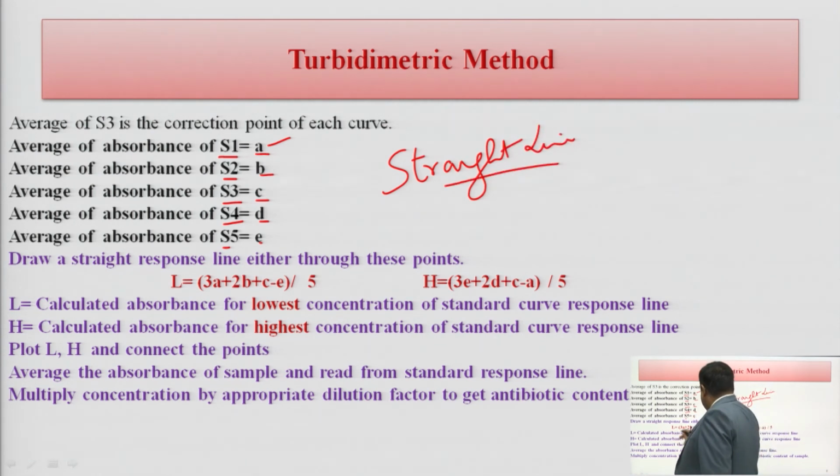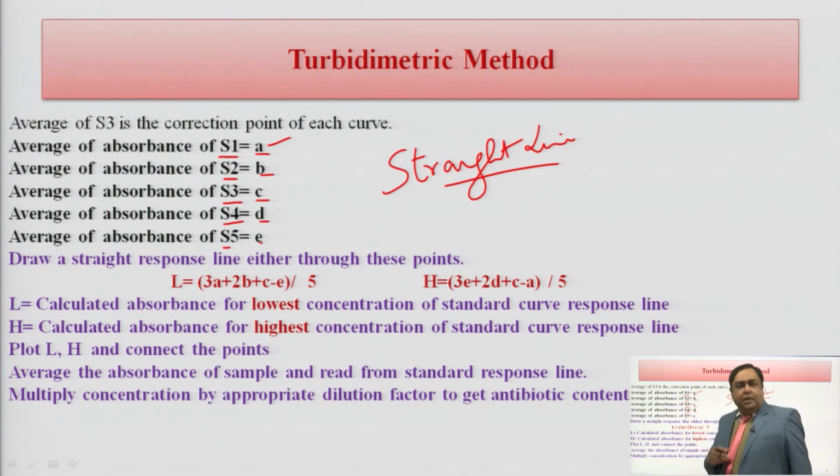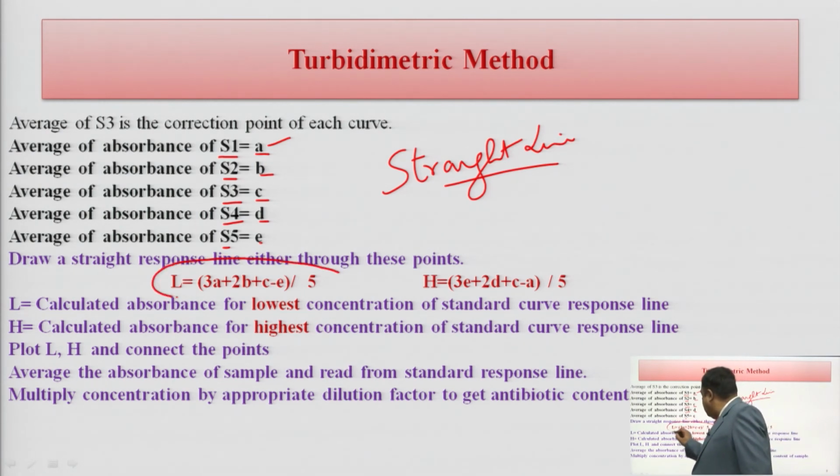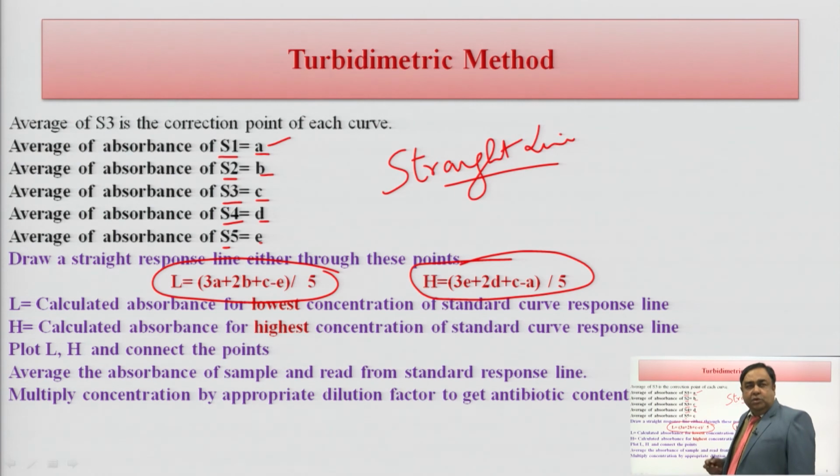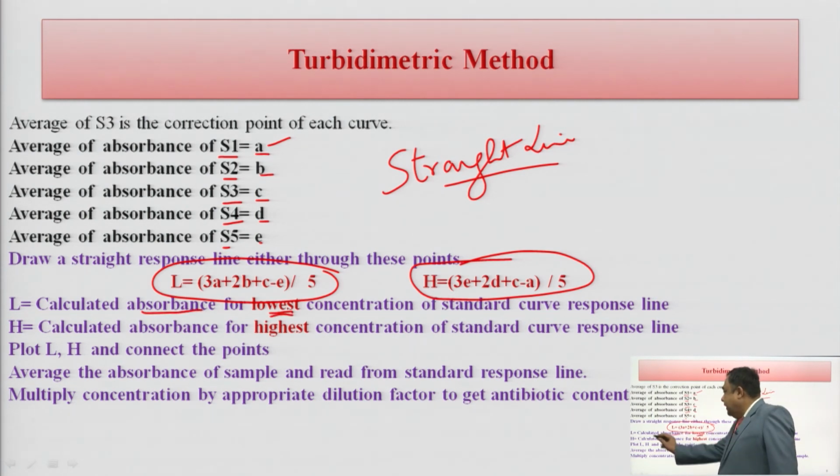Now then, if it is not coming in a straight line, you simply adopt this formula where L is equal to (3a plus 2b plus c minus e) by 5 and H is equal to (3e plus 2d plus c minus a) by 5, where L is the calculated absorbance for the lowest concentration, H is the calculated absorbance for the highest concentration.